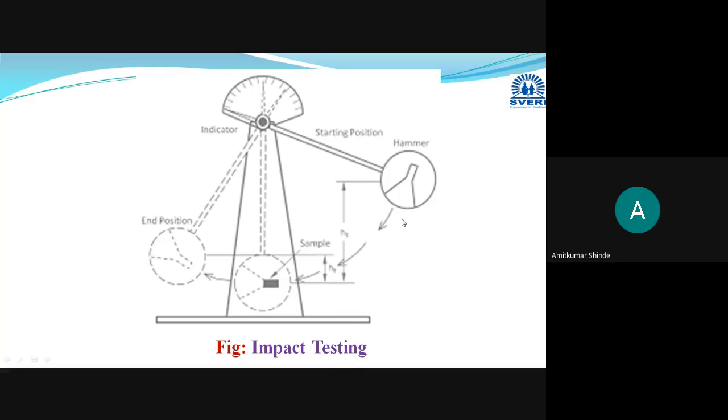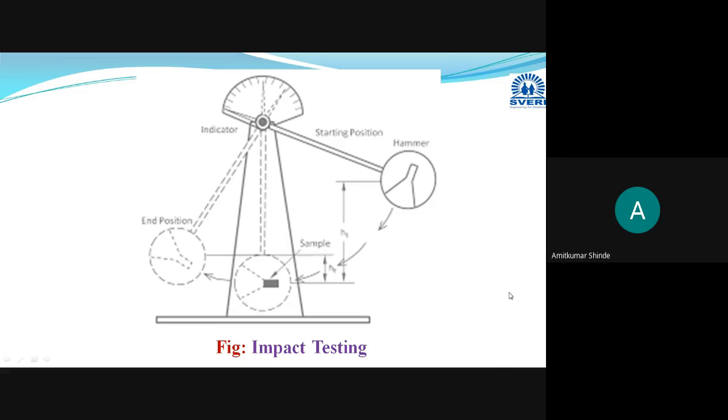Here we are going to measure the toughness. What is the meaning of toughness here? The amount of energy absorbed by that particular material before the fracture. Due to the impact, how much energy that material will absorb before it breaks or fractures.